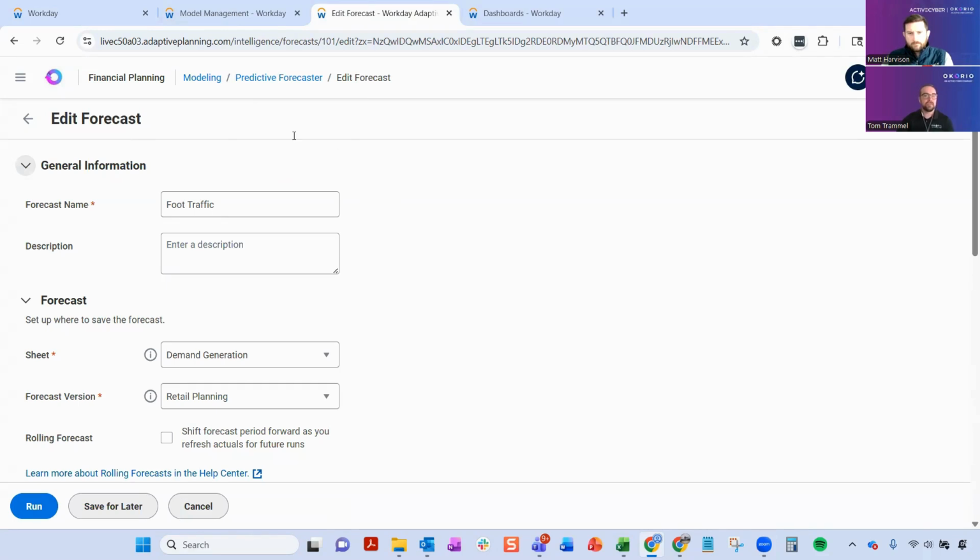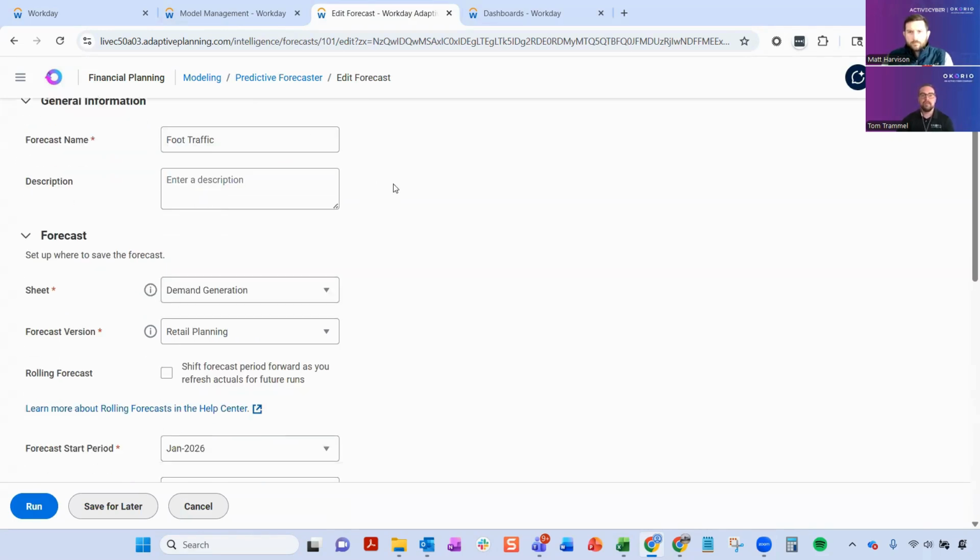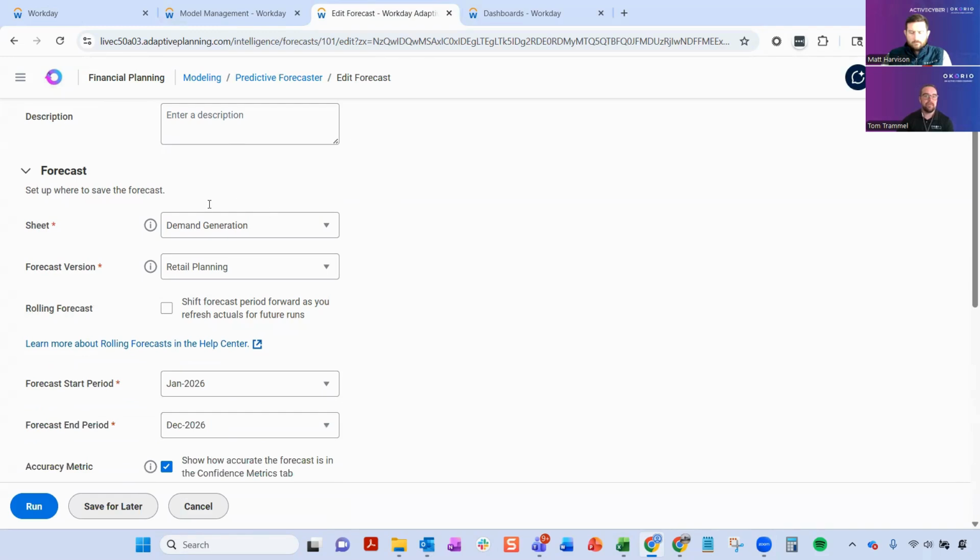So if you joined us before, you'll know coming back into the predictive forecaster, you're not having to deal with the algorithms. You're not having to deal with understanding the nuances at that level of coding. Really what we're doing is we're selecting what data we want to have be a part of this particular machine learning forecast.